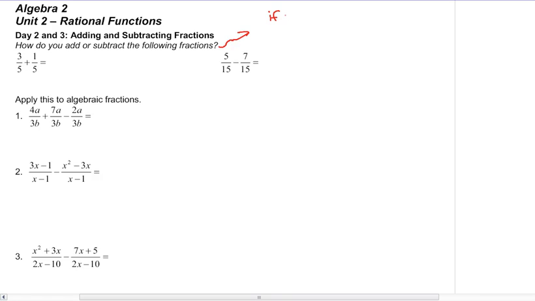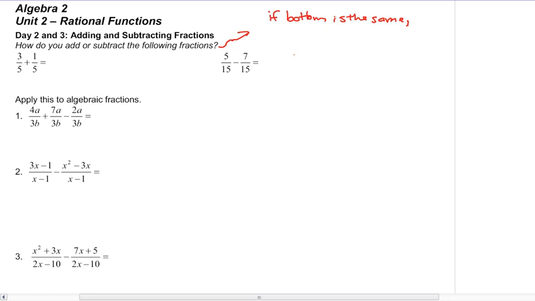Okay, and the key is if the bottom is the same, okay, so the bottom of each fraction is called the denominator.